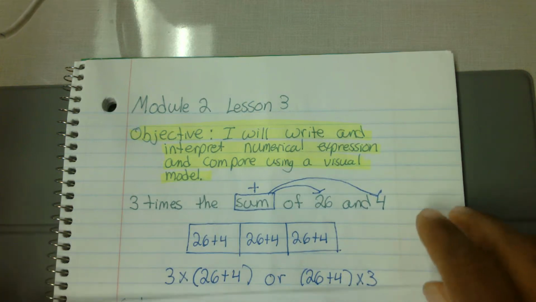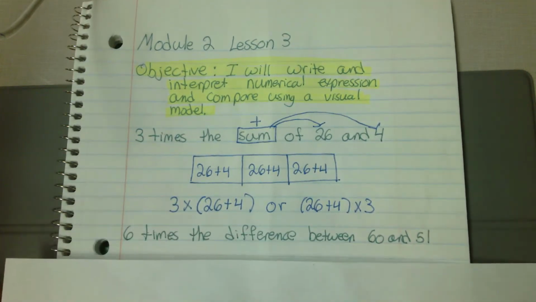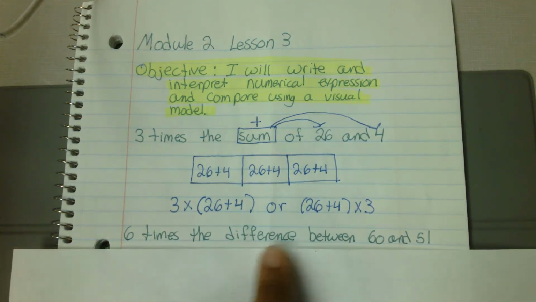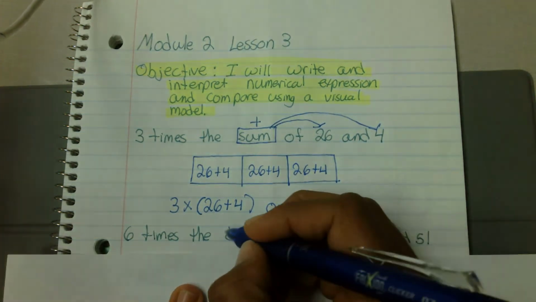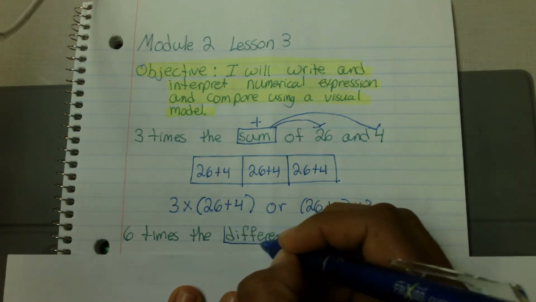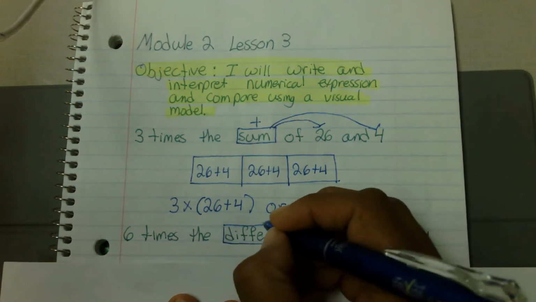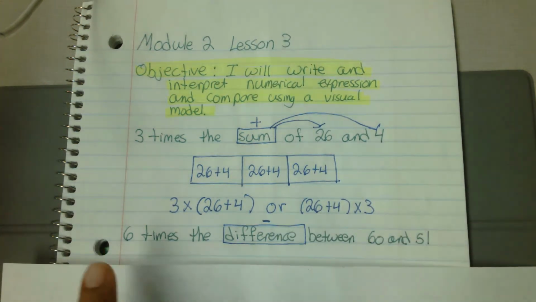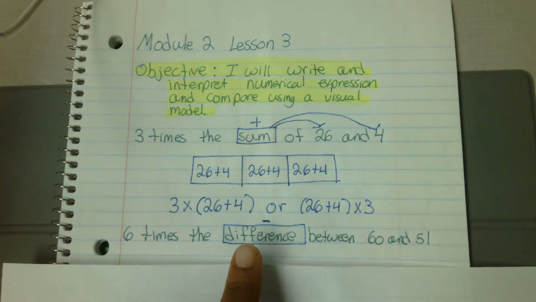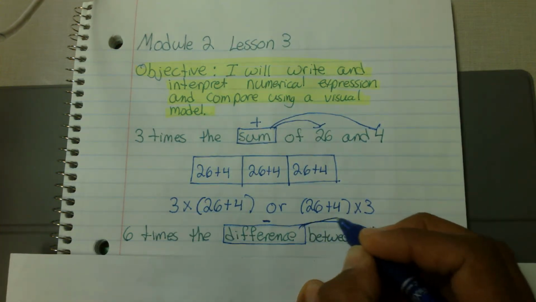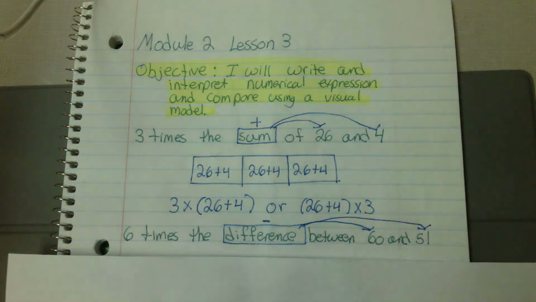Let's try another one. Let me move my page up here. Okay, now we're going to do 6 times the difference between 60 and 51. So again, we have this academic language right here. Difference means that we are going to subtract. So we're going to do something 6 times, then we're going to subtract between 60 and 51.